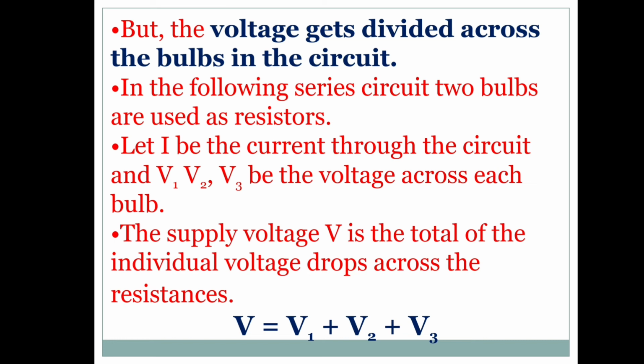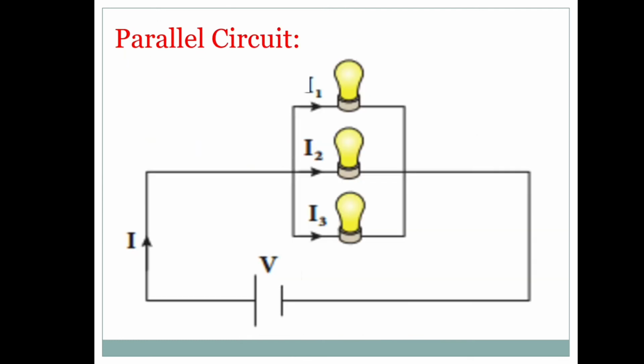Let I be the current through the circuit and V1, V2 and V3 be the voltage across each bulb. The supply voltage V is the total of the individual voltage drops across the resistances. V is equal to V1 plus V2 plus V3.